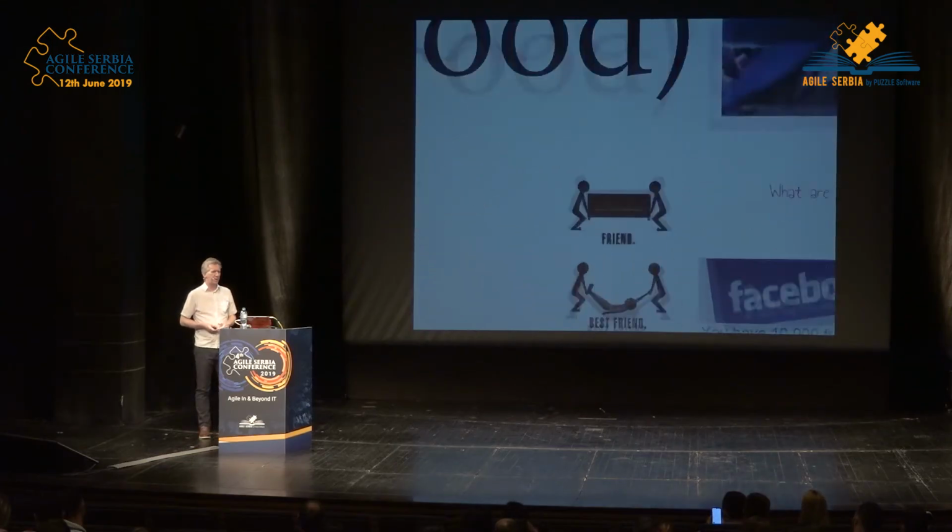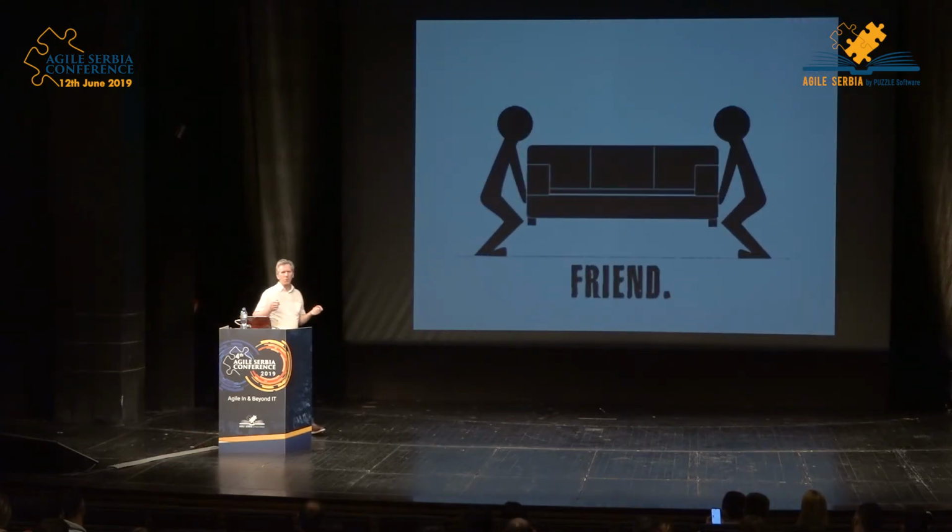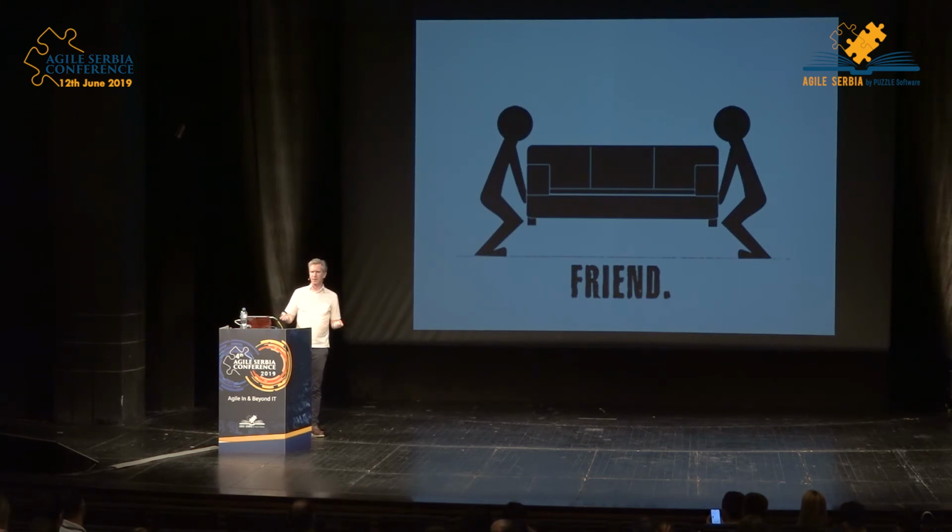Because quite often I get asked the question, well, in an Agile team, how many testers should I have in my team? And I say, well, it's a difficult question because it's a bit like asking, how many friends should you have? So let's consider this. Well, what's a good measure of a friend? I think there's a sort of universal thing, isn't there? That a friend is someone that would help you move your sofa.